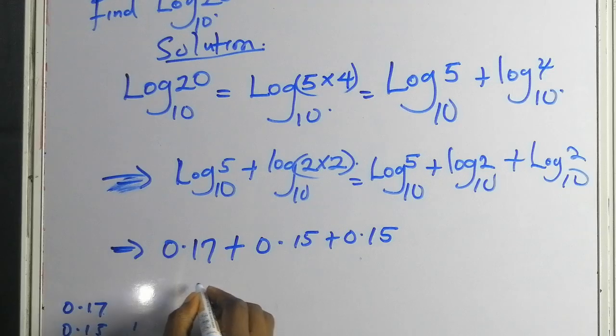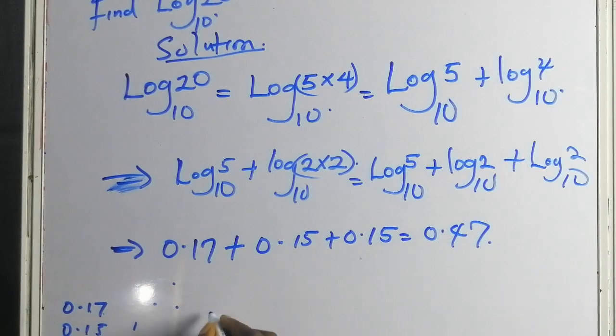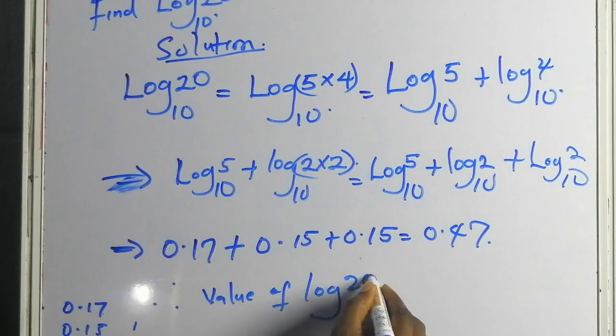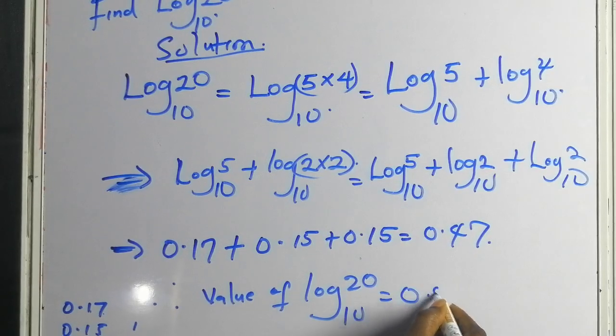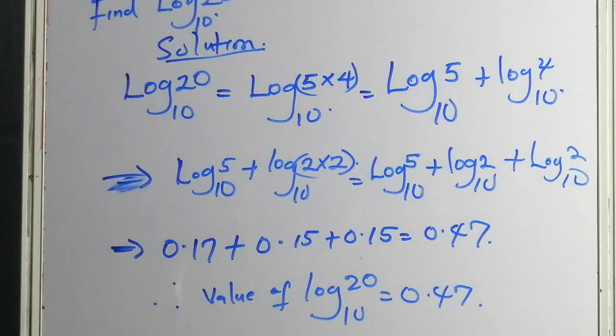So it's 0.47. Therefore the value of log 20 base 10 equals 0.47. It's as simple as that. That is what we call substitution and equation in logarithms.